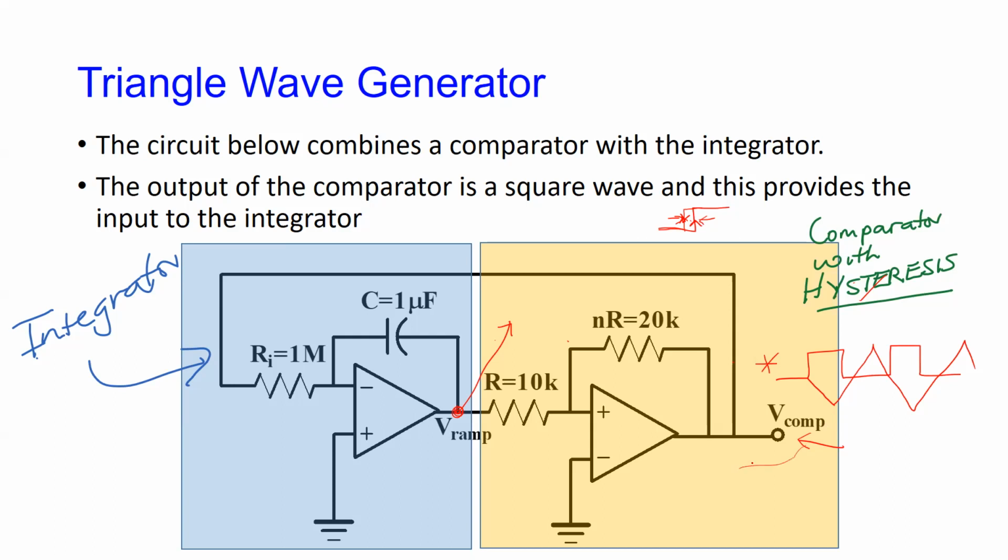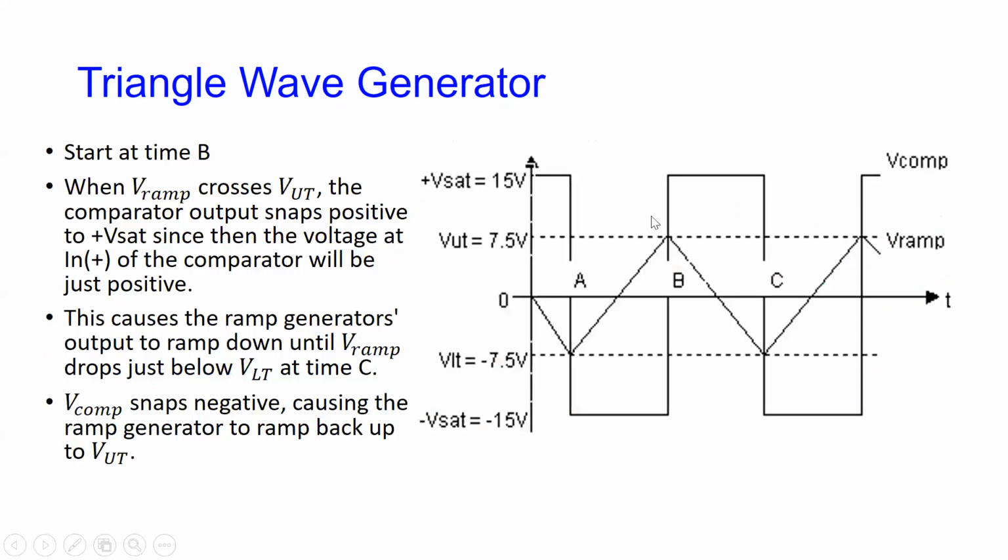So it goes from, let's say, negative to positive, which in turn feeds back that step to the input. And then this integrator starts discharging or charging, however you want to look at it, until it drops as low.